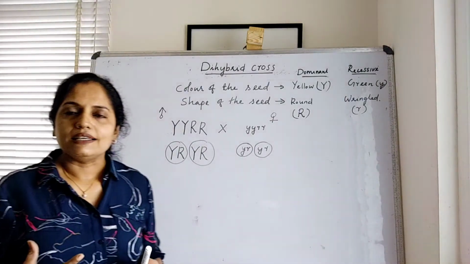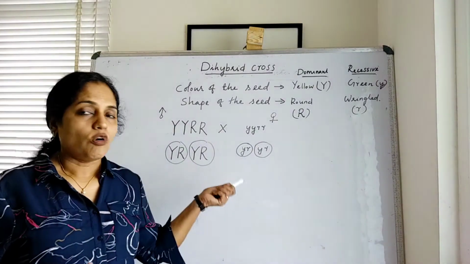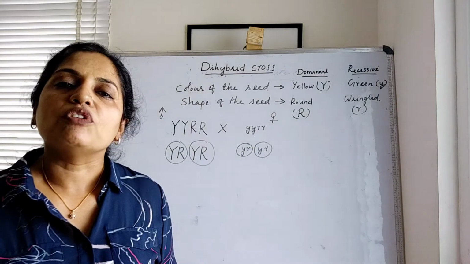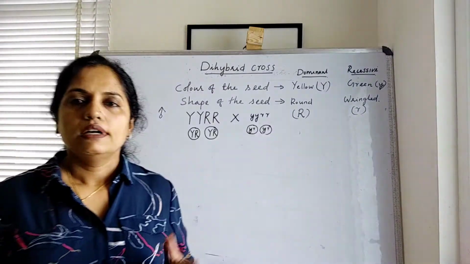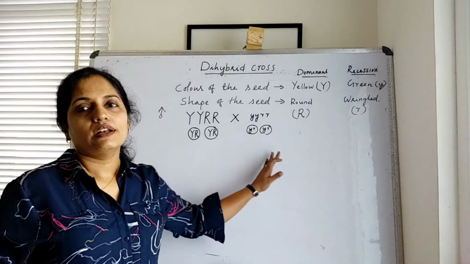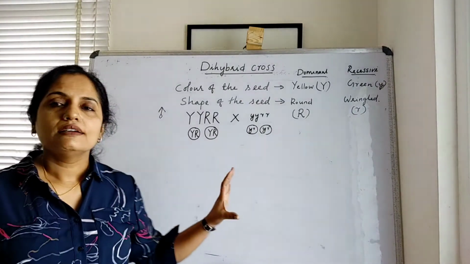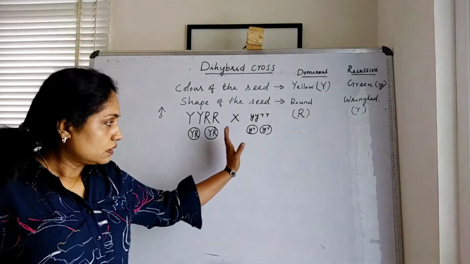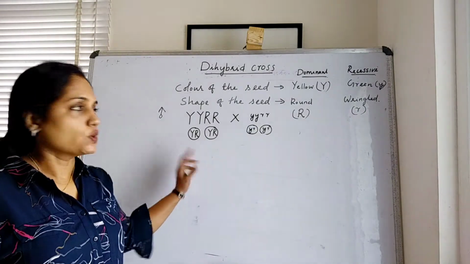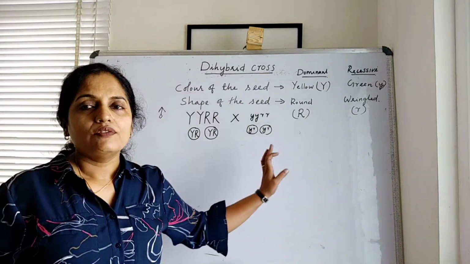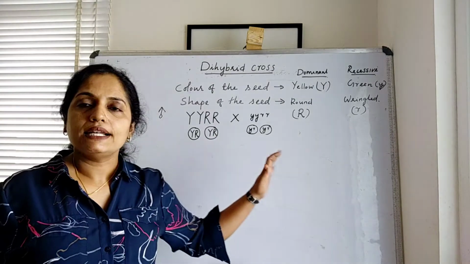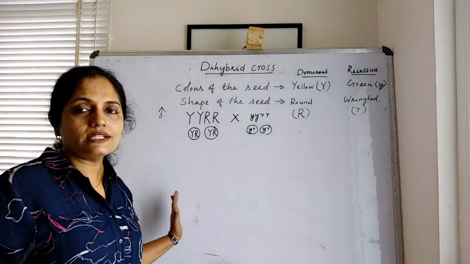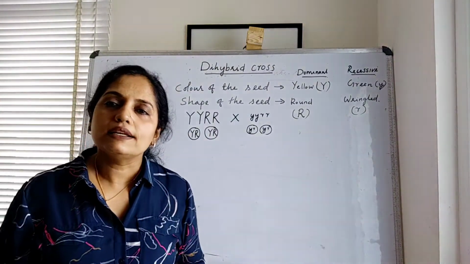Now we will see the crossing of these gametes with the help of a Punnett square. There are total 4 gametes, so we need 2 columns and 2 rows. On the top of the Punnett square, we are going to write the paternal gametes and on the left hand side, we are going to write the maternal gametes.